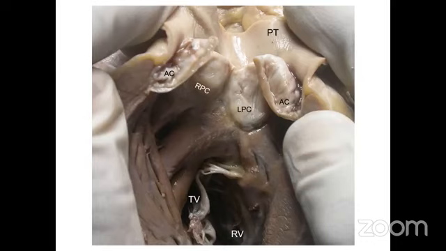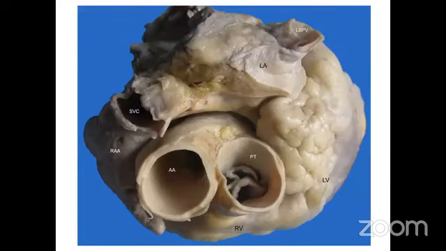So this is a three-cuspid pulmonary valvular dysplasia, and this was responsible for producing congenital pulmonary stenosis, and this patient became symptomatic in the third decade of life.